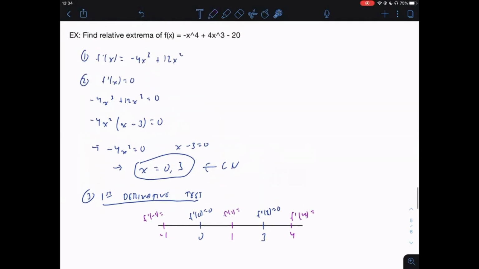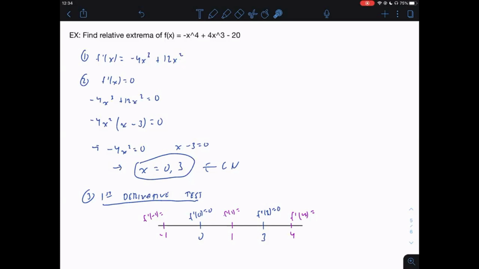Okay, which again was -x to the 4th plus 4x cubed minus 20. And if we plug in these three values correctly into the first, again, this is the original function. We're going to evaluate these in the first derivative, which is just -4x cubed plus 12x squared.